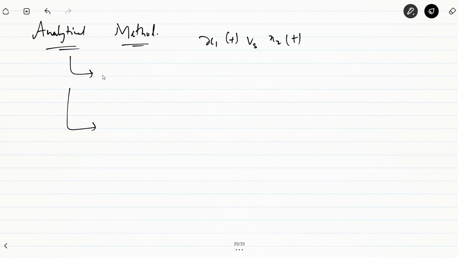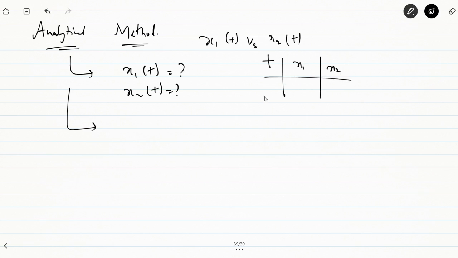First method, analytical method, you will calculate the value of x1(t), you will calculate the value of x2(t). Once you have the values of x1(t) and x2(t), for each and every time, you can say what will be the value of x1, what will be the value of x2, and therefore you will be able to obtain the value of x1 versus x2. जैसे हमने लास्ट टाइम वाली एग्जाम्पल में किया था, we took an example of a mass spring system. हमने x1(t) निकाला, हमने x2(t) निकाला.